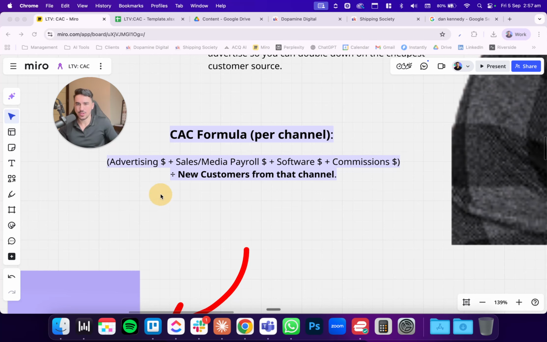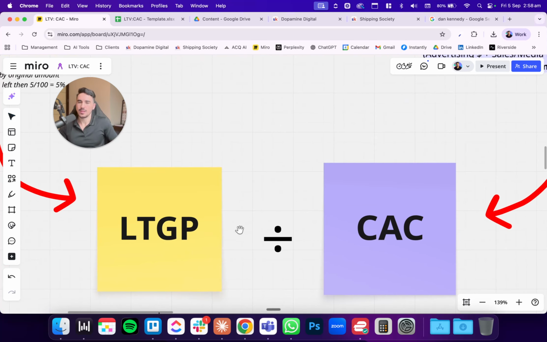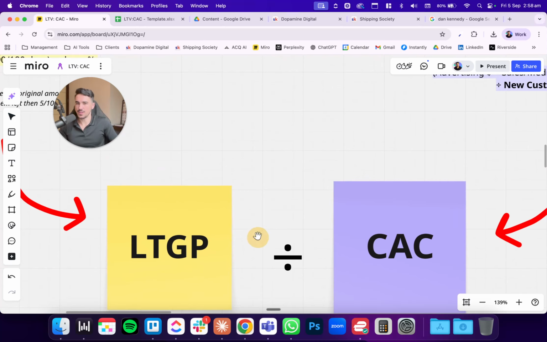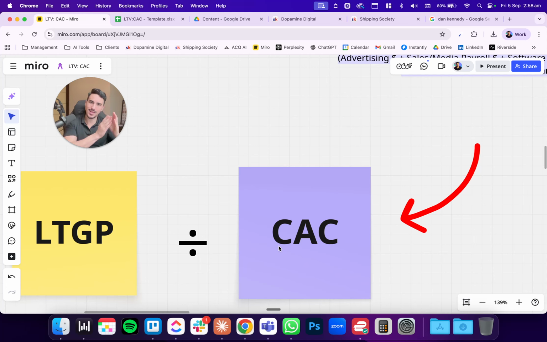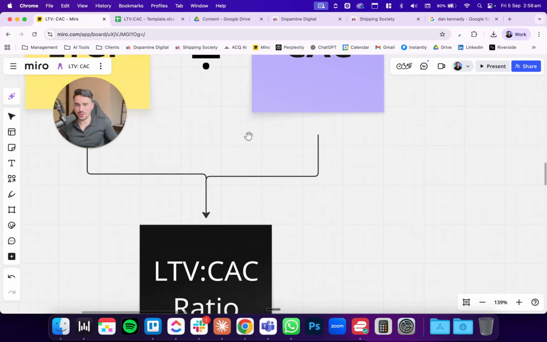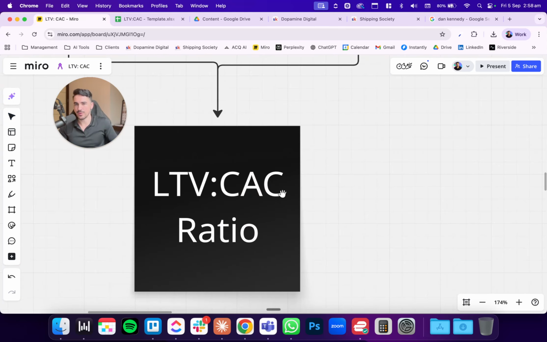And now you have the lifetime gross profit of one customer, and you can divide it by the cost of acquiring one customer, which will give you the LTV to CAC ratio.